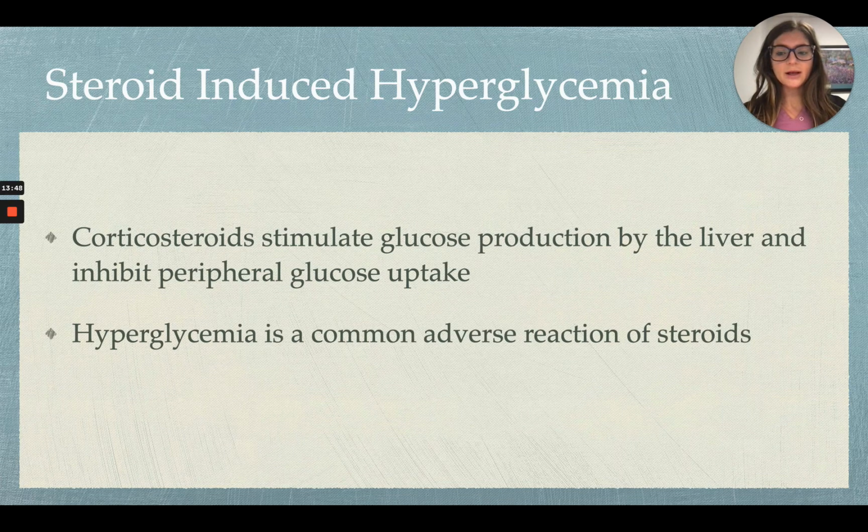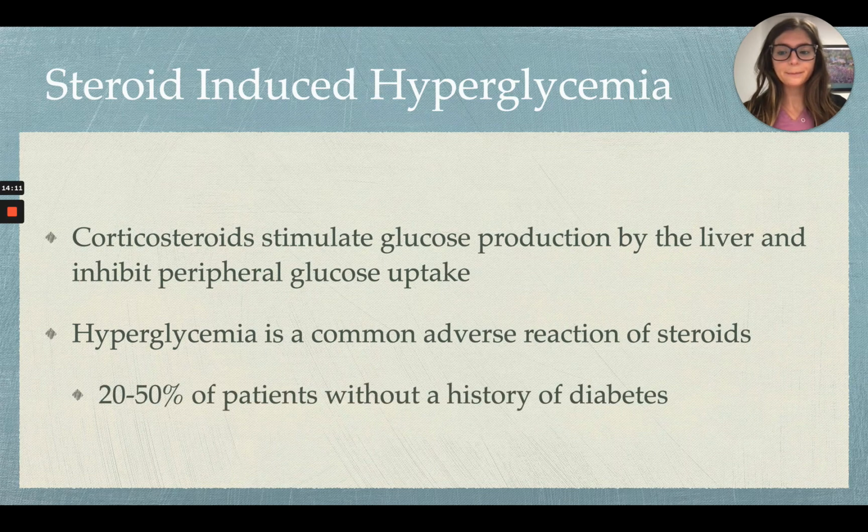And so again, hyperglycemia is a common adverse reaction of steroids. Again, typically steroids are going to be a temporary medication. So during this time period, if an individual is experiencing hyperglycemia, typically above 180 milligrams per deciliter, then providing them with a diet that is limited in the concentrated sweets to avoid hyperglycemia may be important.